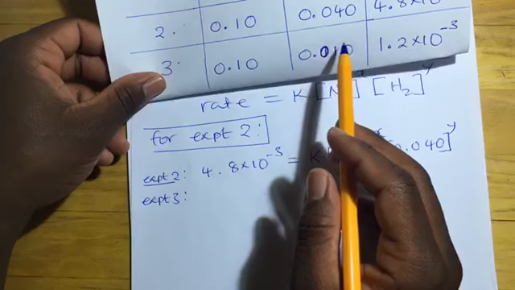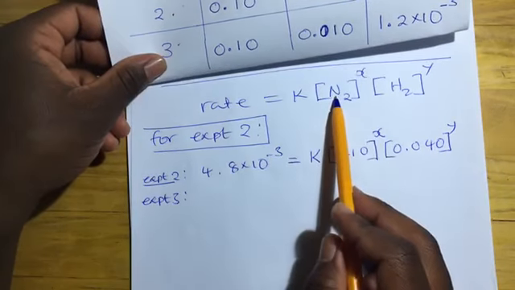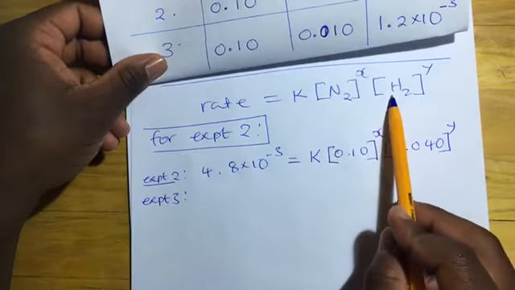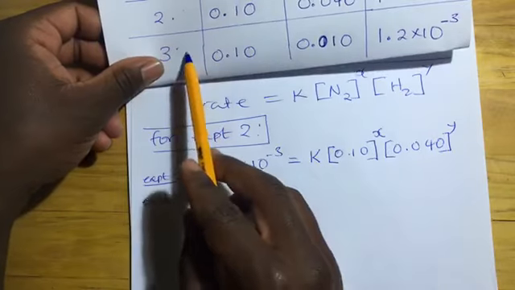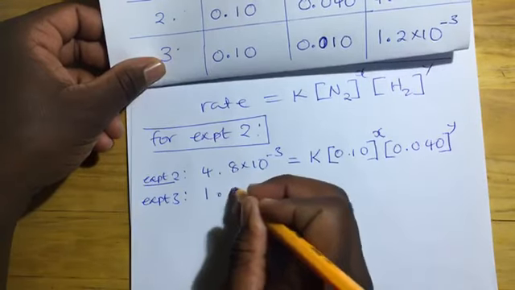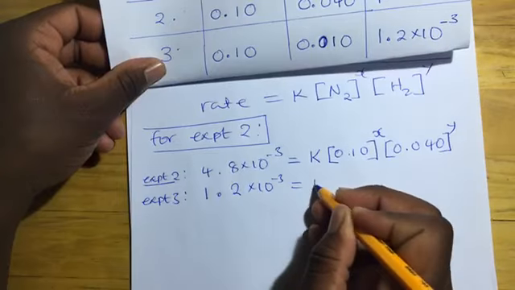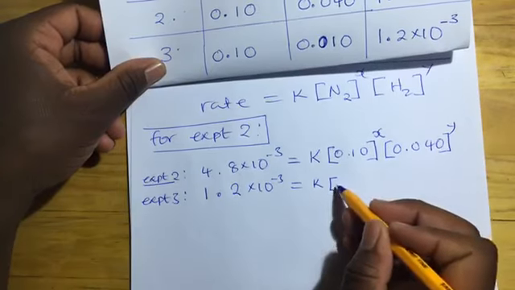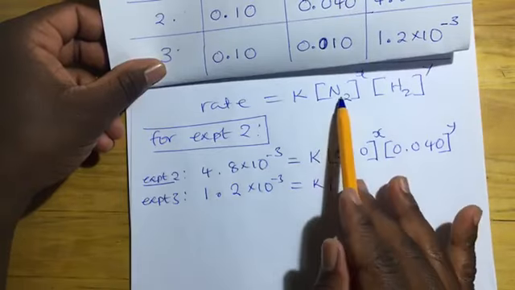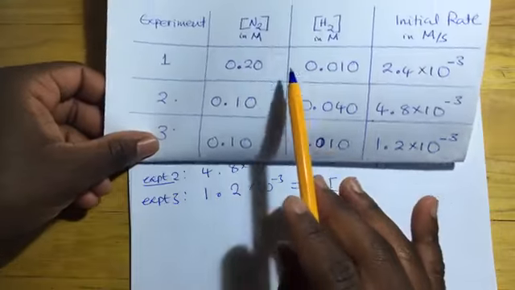Pay attention, guys. The rate law here, this is concentration of nitrogen, concentration of hydrogen, this is the rate. The rate for experiment 3 is going to be 1.2. So this is going to be 1.2 times 10 to the power negative 3 is equal to K, open brackets, concentration of nitrogen in experiment 3, where's nitrogen here?